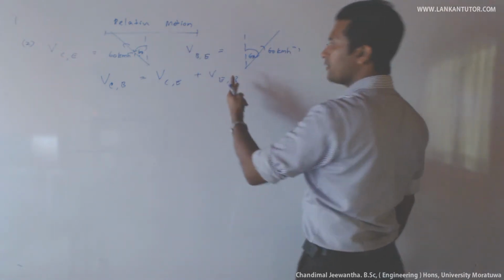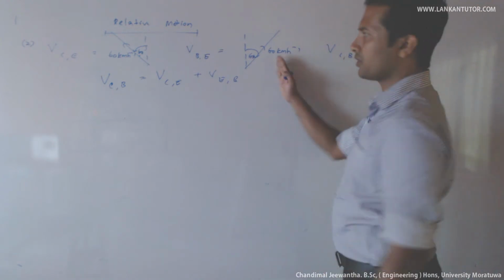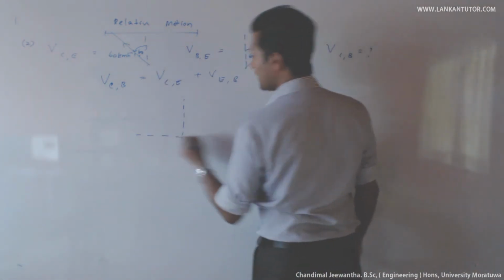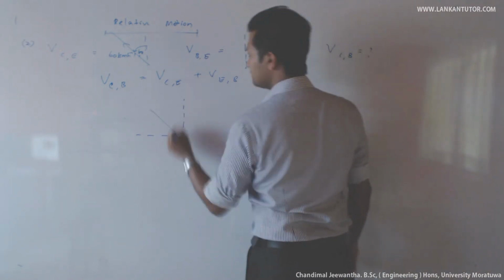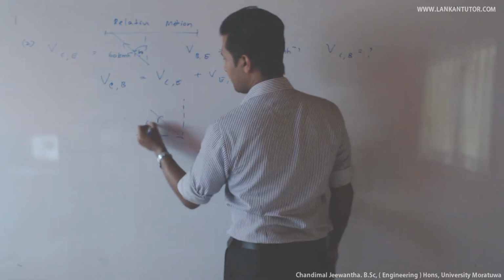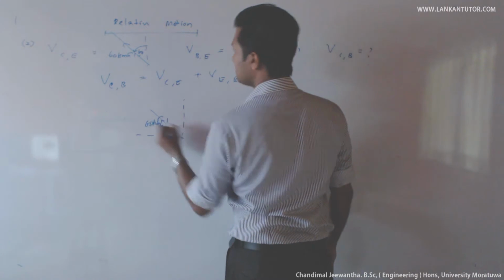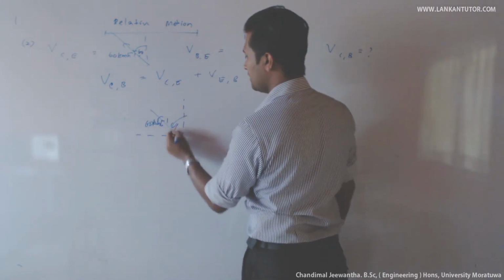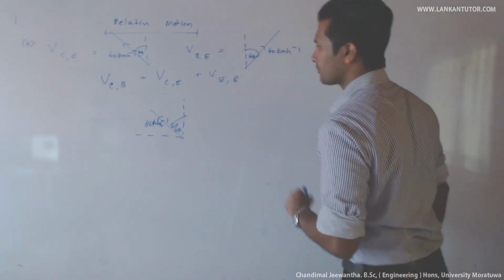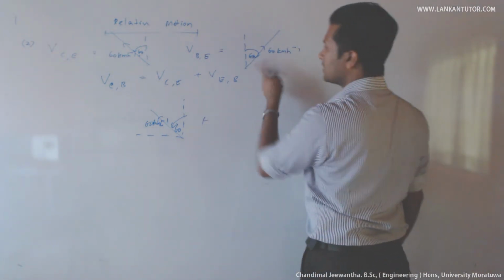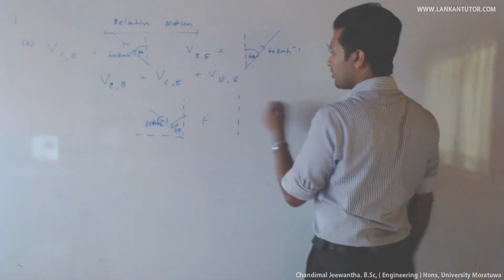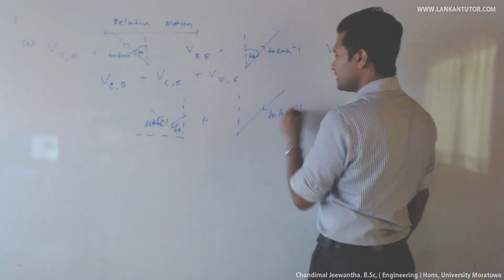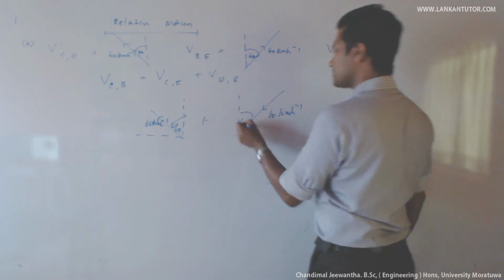In order to find VEB, take the opposite direction of VBE. VCE is 60 kilometers per hour from the north towards east by 60, plus you take the opposite direction of the other, 60 kilometers per hour, just like this.